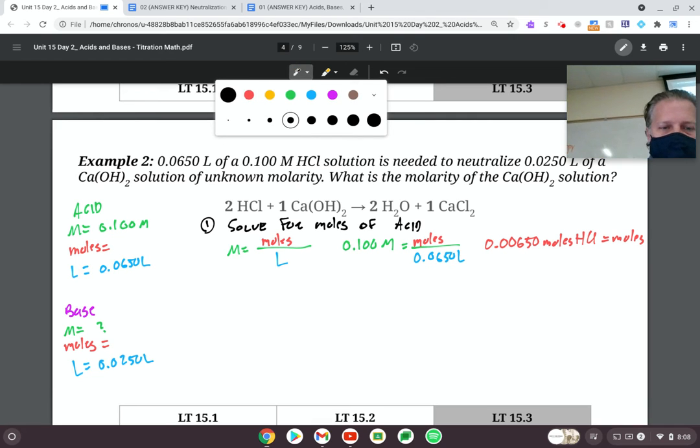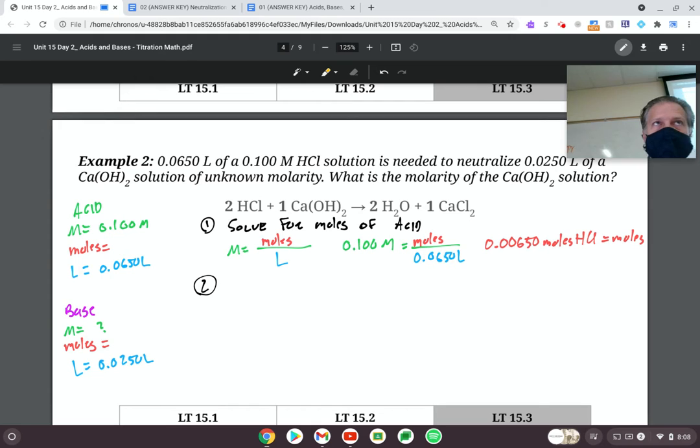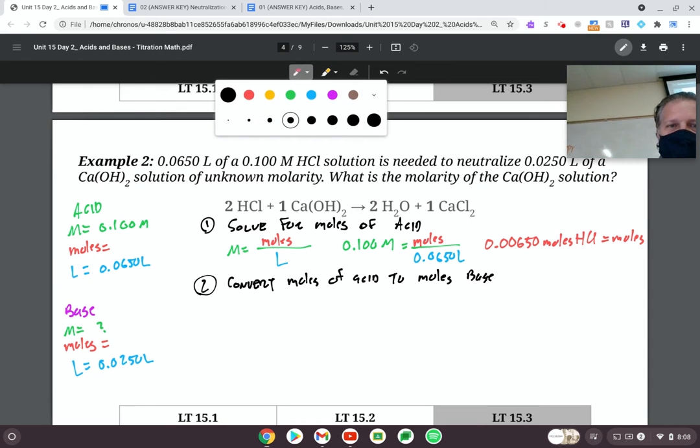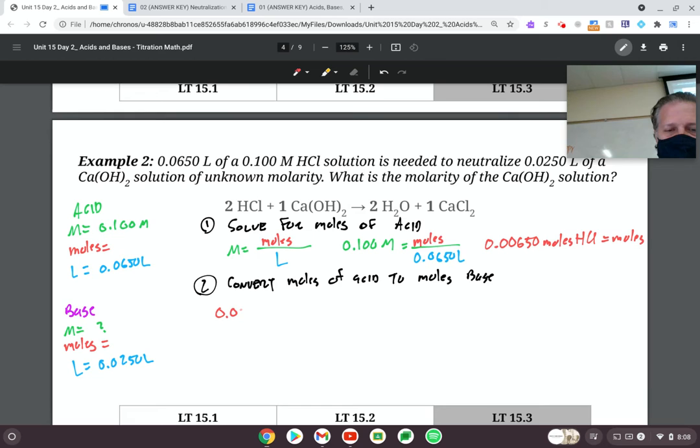Step 2 is convert moles of acid to moles of base. So we're going to use stoichiometry here. So we're going to take these 0.00650 moles of HCl, put that over 1, and we're going to go to moles of base.